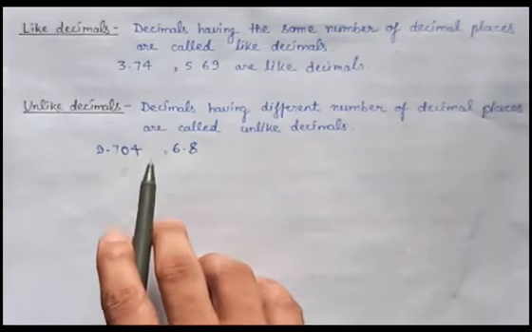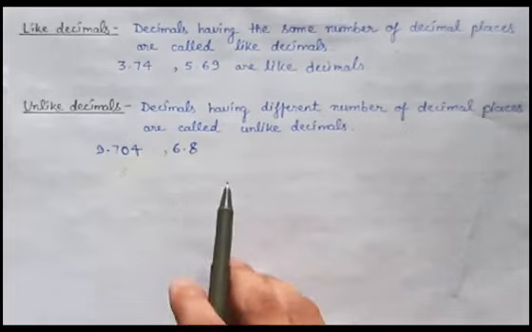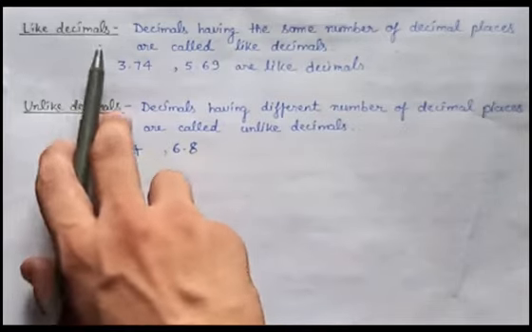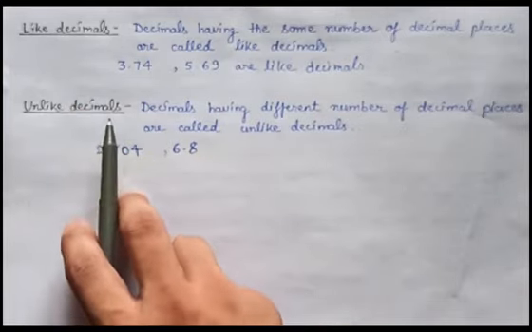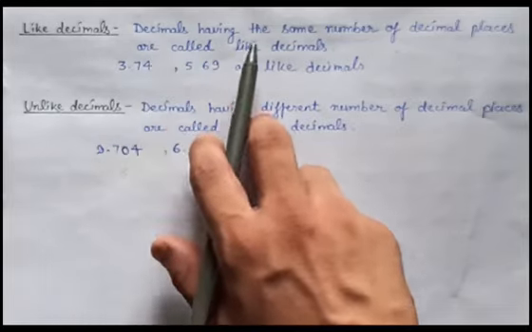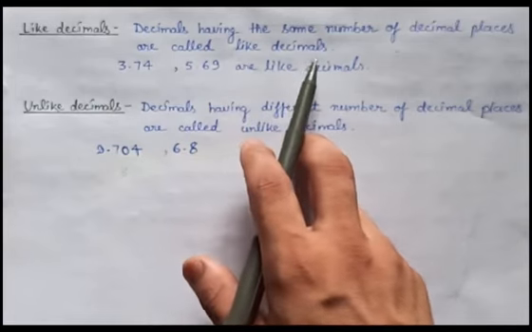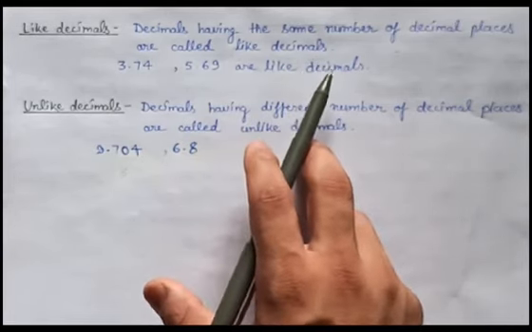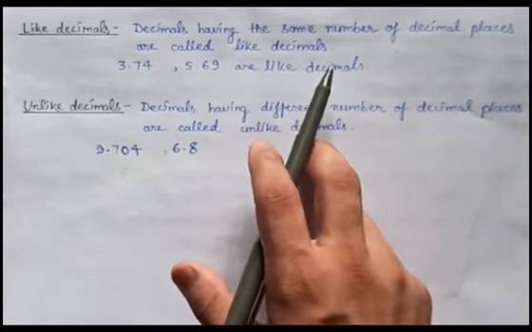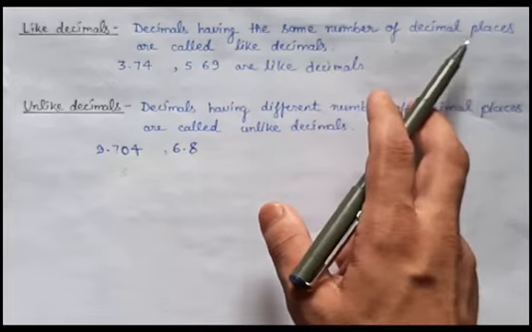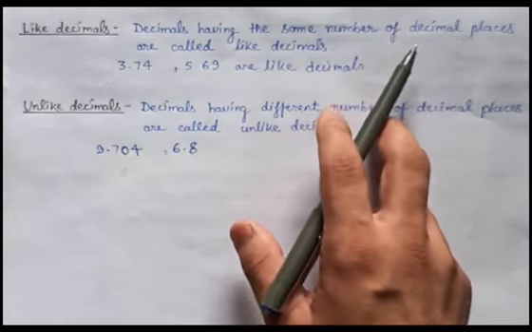Now students, based on the number of decimal places, we have to define two terms, like decimals and unlike decimals. So let us see. Decimals having the same number of decimal places are called like decimals. It means if we have given two decimals and if both the decimals contain the same number of decimal places, then we can say the given decimals are like decimals.